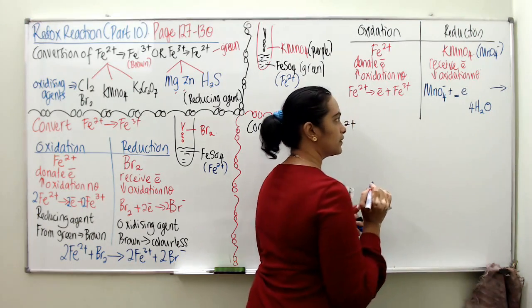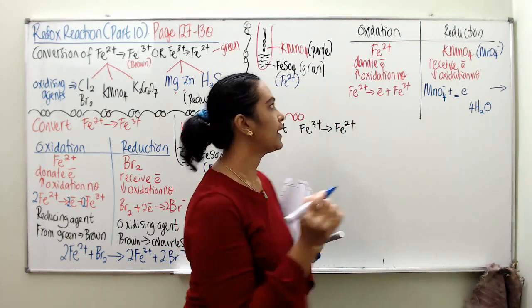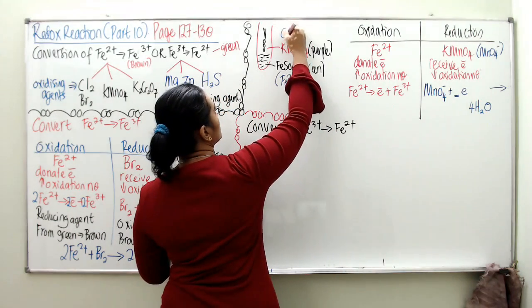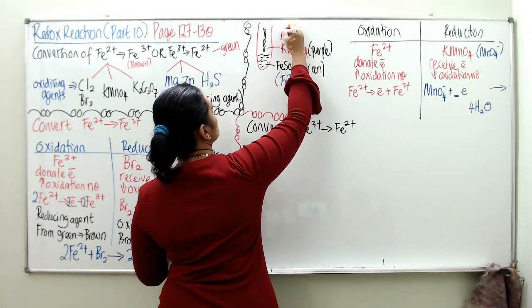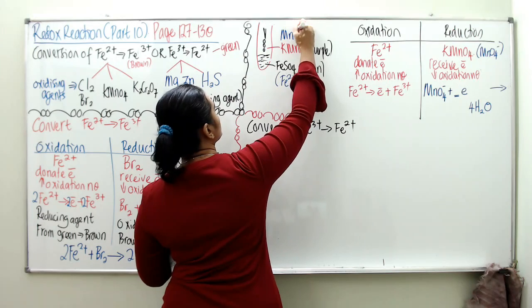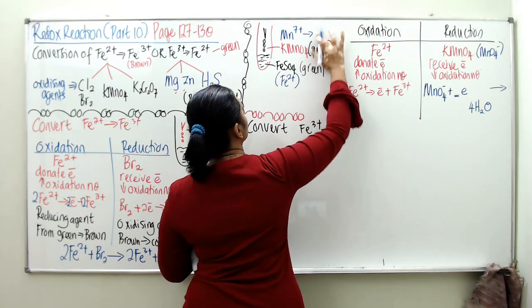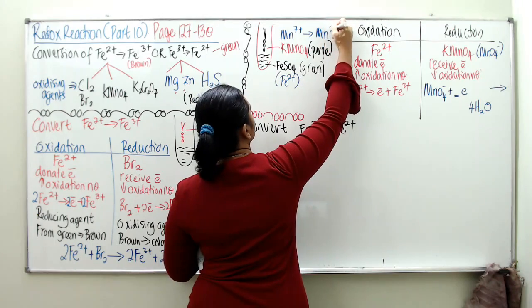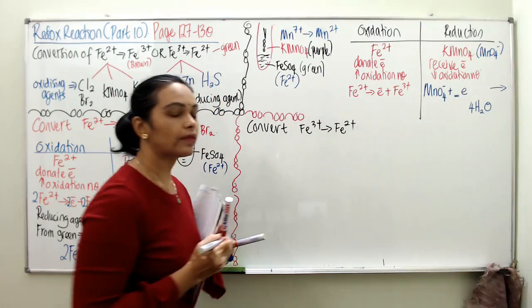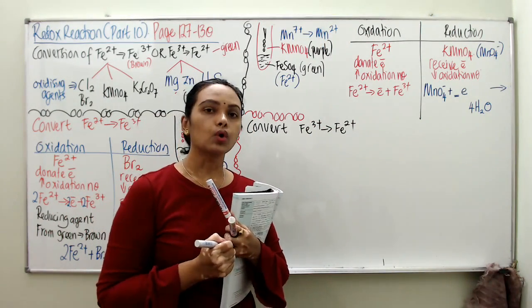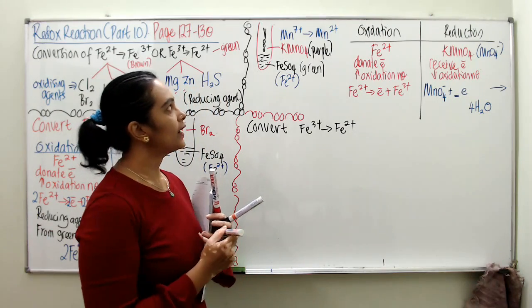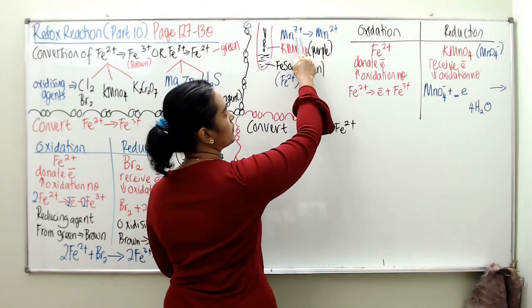Okay, another thing I want you to know is that the manganate ion is reduced from 7+ to 2+. So you must know that the manganate ion goes through reduction, from 7+ to 2+.